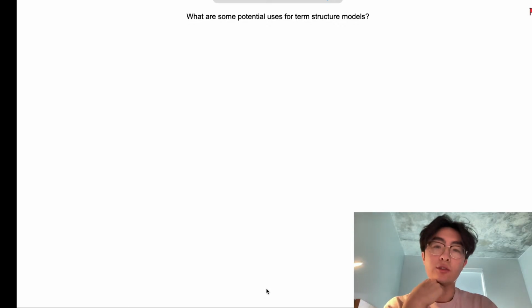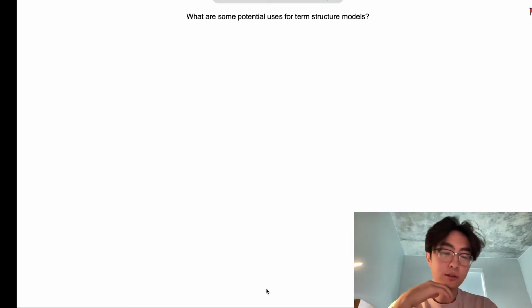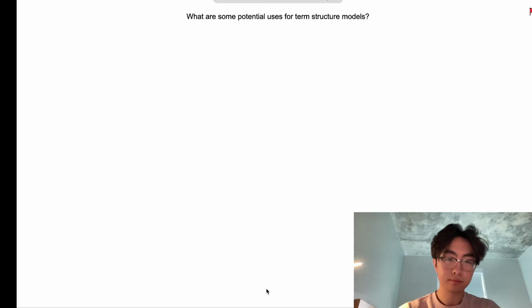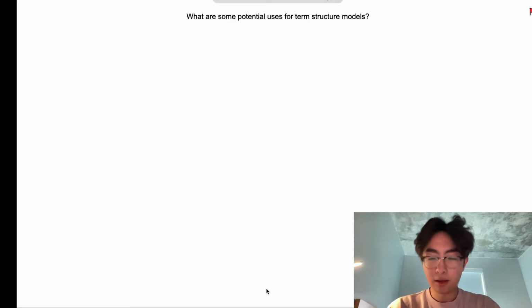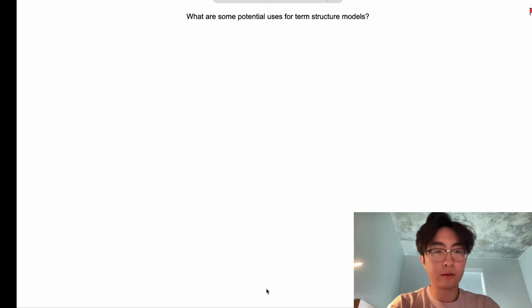What are some potential uses for term structure models? When we talk about term structure models, I'm thinking of yield curves or term structure of interest rates. And so these are models that are functions of two things.